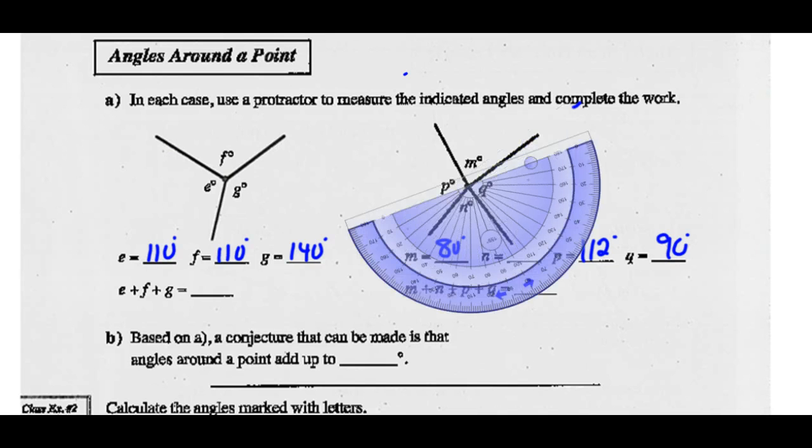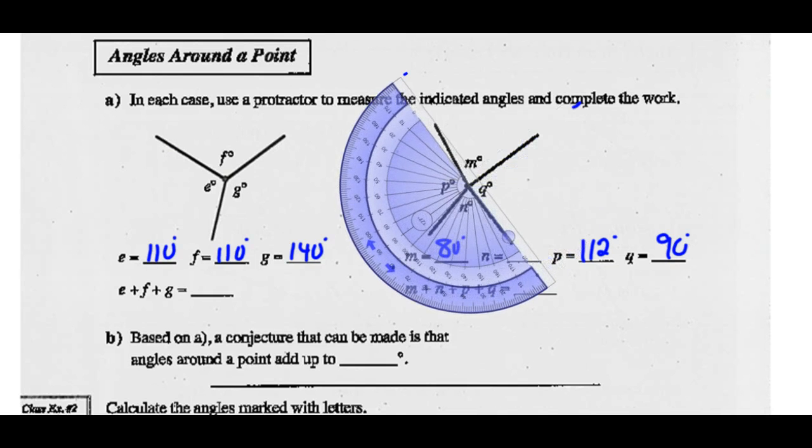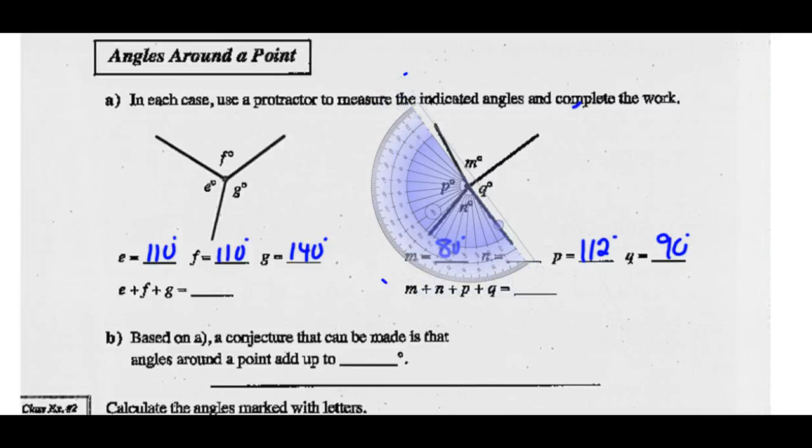And angle N looks to be 0 to 75, 6, 7, somewhere in here. So it actually works out to be about 78 degrees.